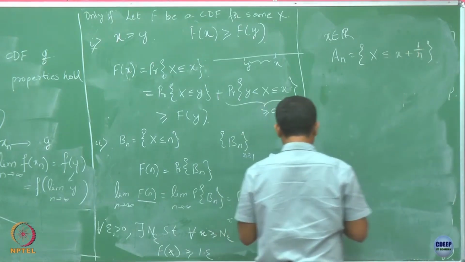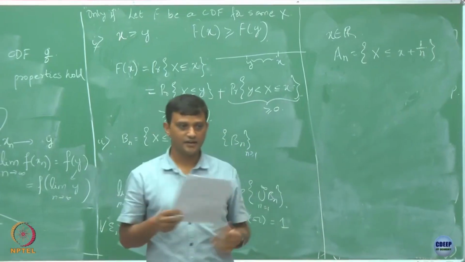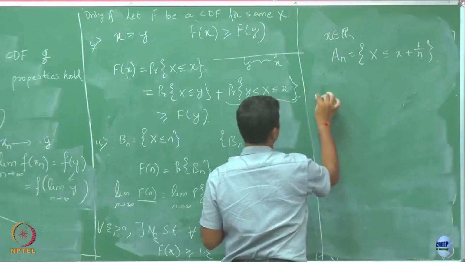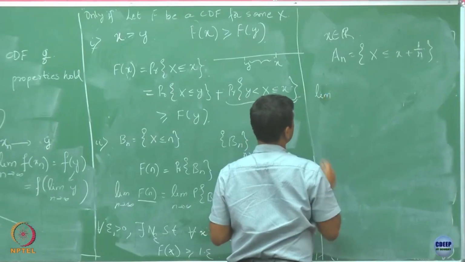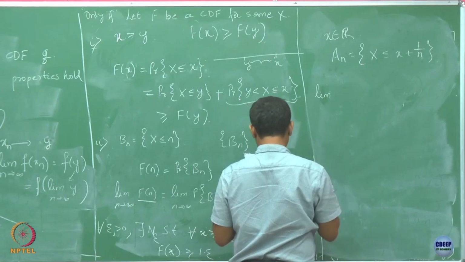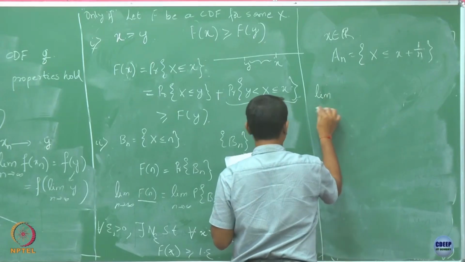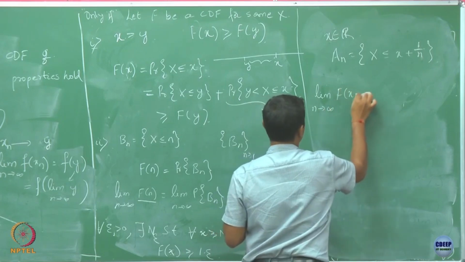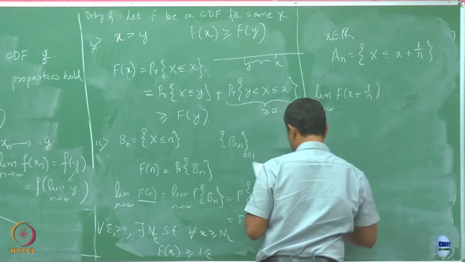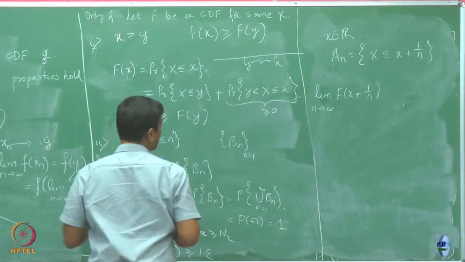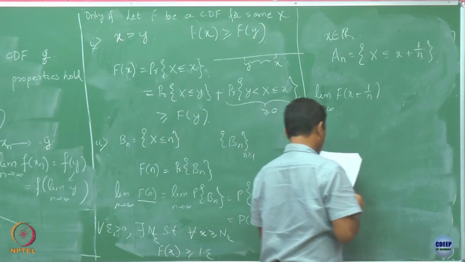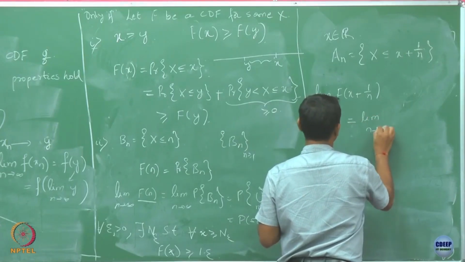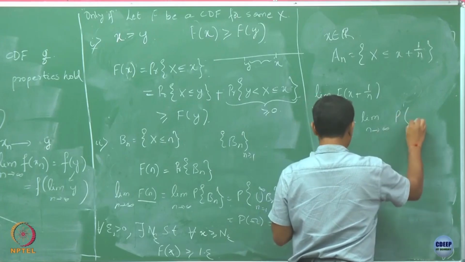So now again apply our standard trick of using continuity of probability here. This is nothing but the limit as n tends to infinity of the probability of An.